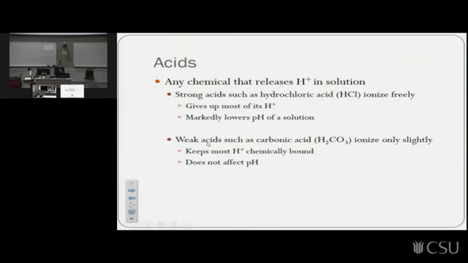Then we've got the weak acids, such as carbonic acid, which ionize only slightly. So it's chemically bound to its hydrogen ions, so it's not so willing to let go of those hydrogen ions. Because of this, it won't markedly make any difference to the blood pH. Okay, so we've got the strong acids and the weak acids.